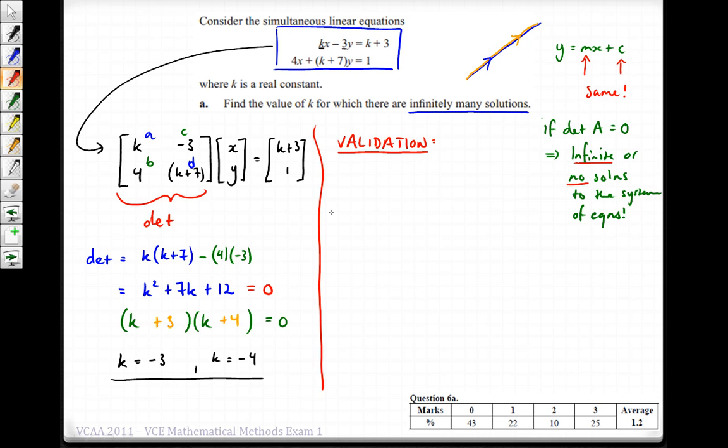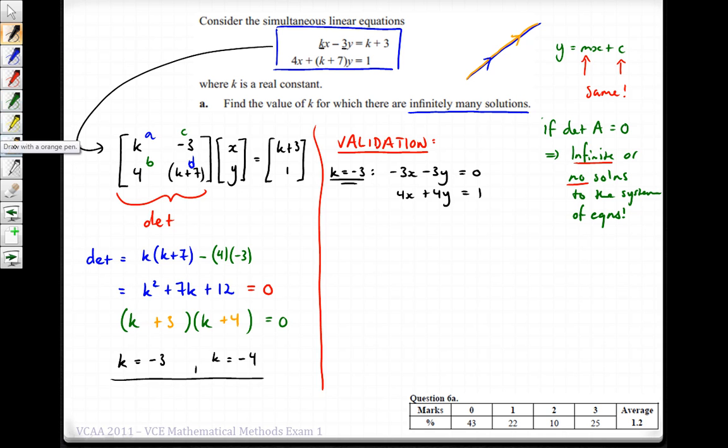So to do this, all we have to do is try out k equals negative 3 and k equals negative 4 in our equation. So the k equals negative 3 case gives our two equations as being negative 3x, negative 3y equals 0, and we get 4x plus 4y equals 1. So hopefully you can see that if we rearrange those in the form of y equals mx plus c, they're not the same.